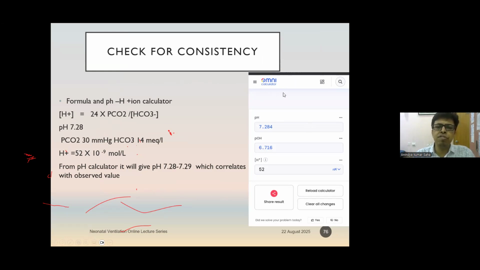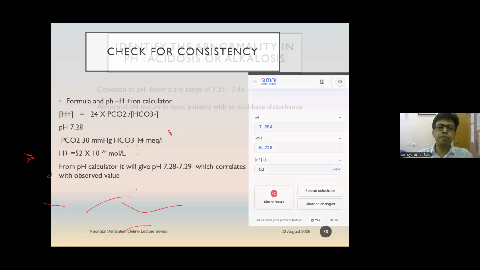The online calculator gives a pH of 7.28, which is equivalent to the machine's pH. So this indicates the machine is reliable. This is the check for consistency.